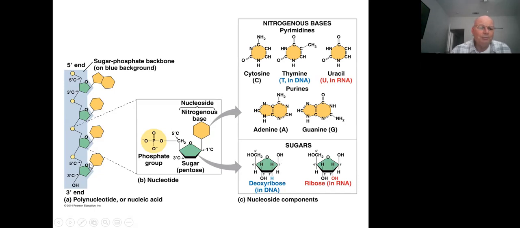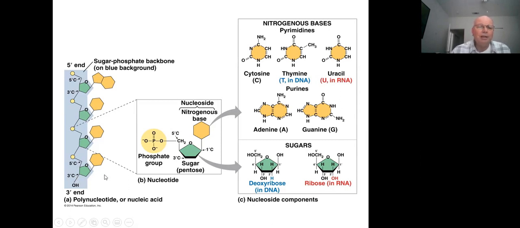And the reason why is because on every polynucleotide, there is an unmodified phosphate group that's attached to the 5' carbon of the nucleotide at that end, and this becomes the 5' end. At the other end, there's an unmodified hydroxyl group attached to the 3' carbon of the nucleotide at that end, and that becomes the 3' end.